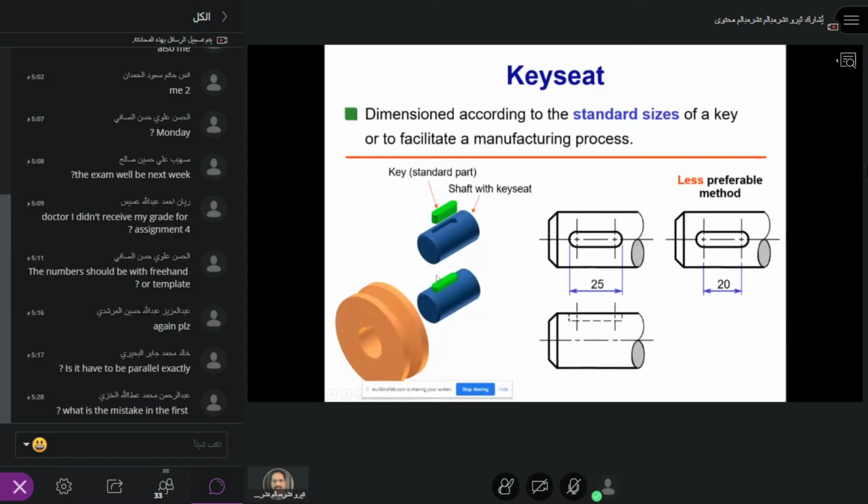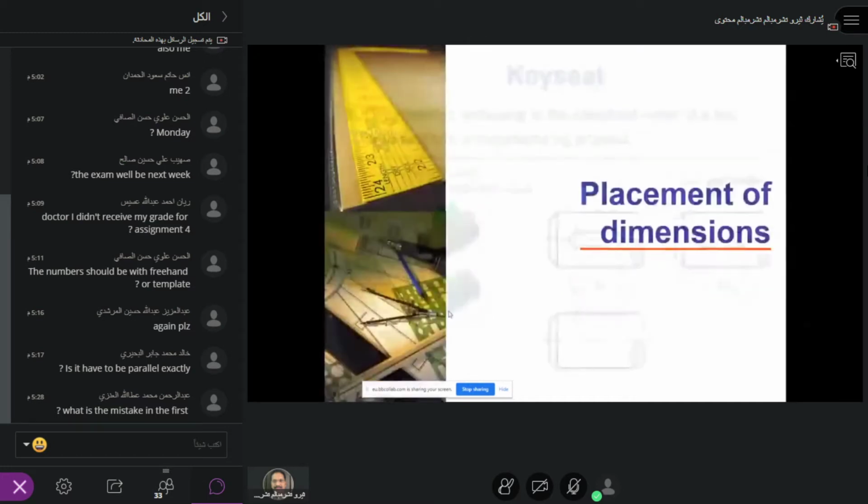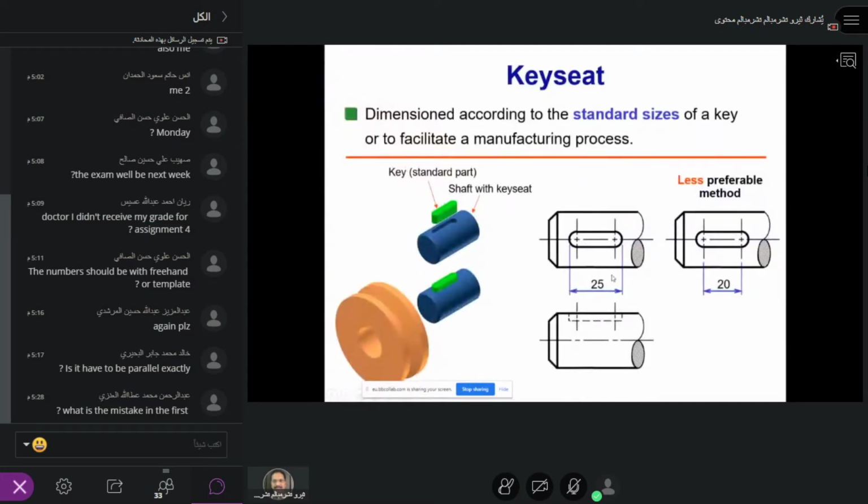The key slot for locking the pulleys on the motor shaft. So here we can give the length of the key shaft because these are standard key shafts. Sometimes they are giving this, but this is not the correct way. This is the right way.